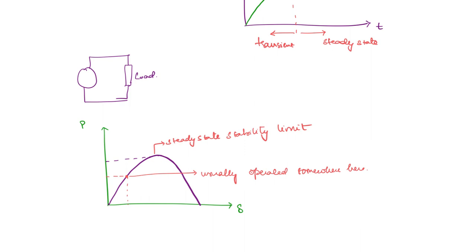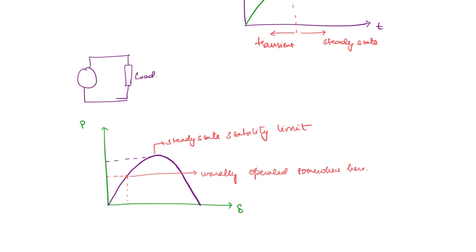For now it is enough to understand that this is the steady state limit, but we never operate here, because in case of a transient, it will fall out of synchronism. It will not be a stable operating system. So we operate somewhere here so that it is allowed to have transients. That is why it is important to study transients, because it is related to the stability of the system.